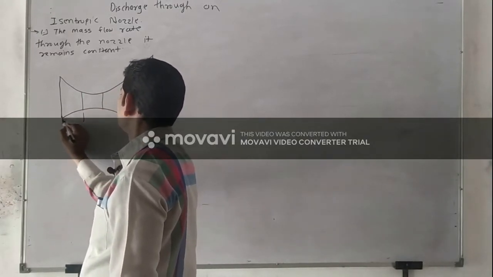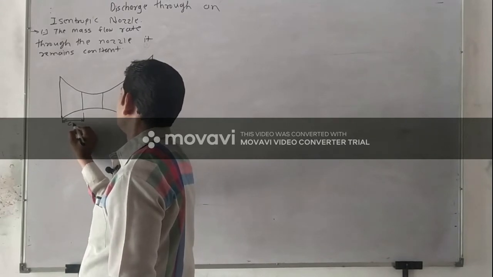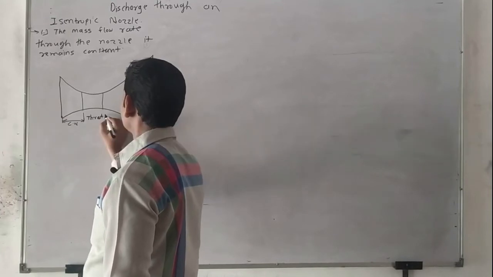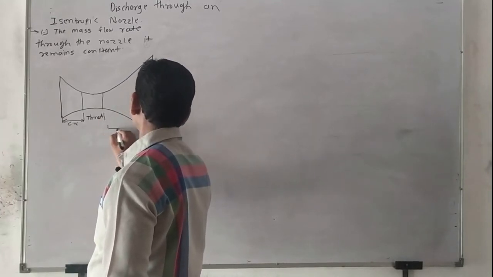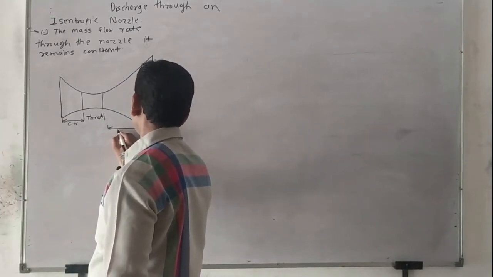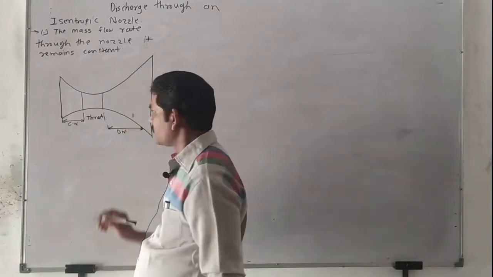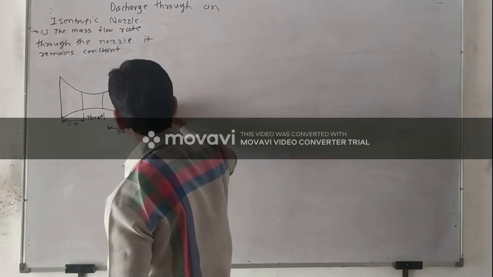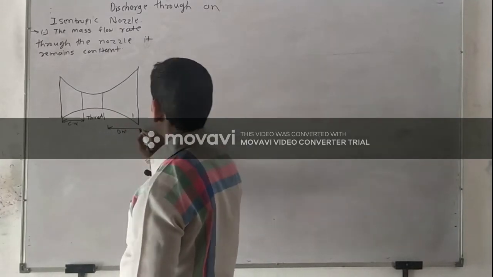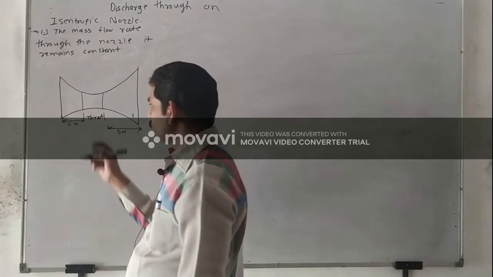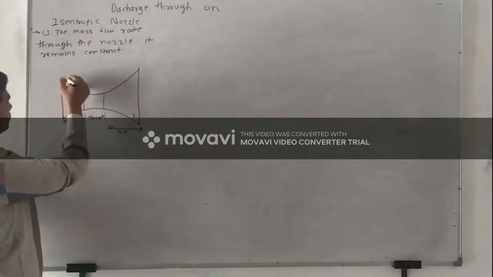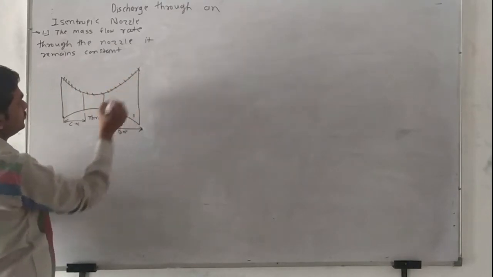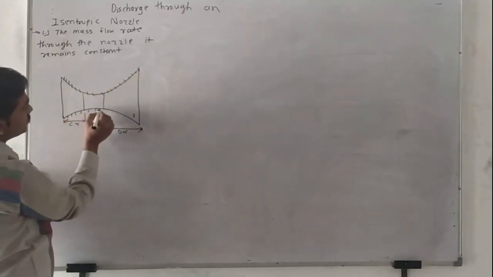We know that this is the convergent nozzle. This is the throat section, and this one is the divergent nozzle. Yes or no? Yes. This portion is the divergent nozzle. So this nozzle is insulated. That is the insulation on the nozzle. We have to provide these insulations.